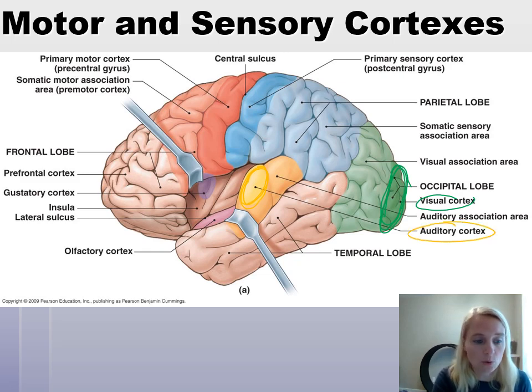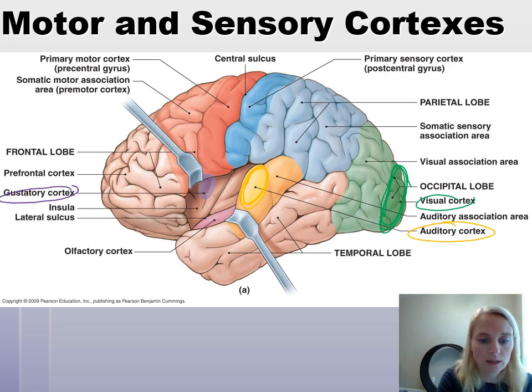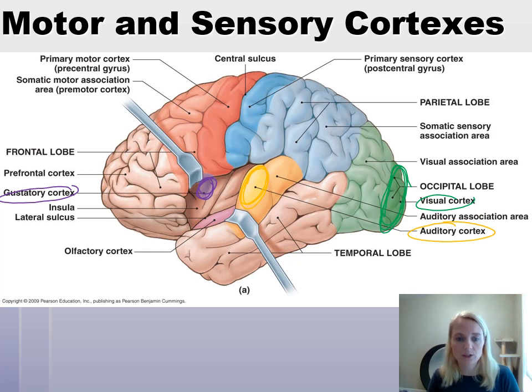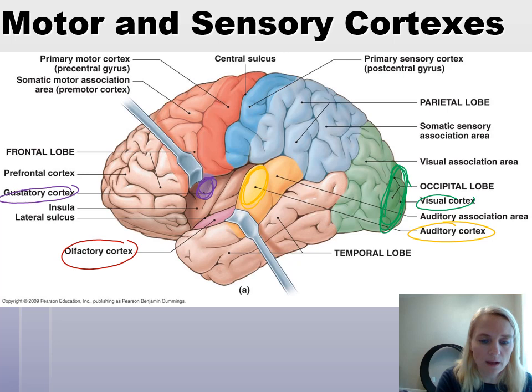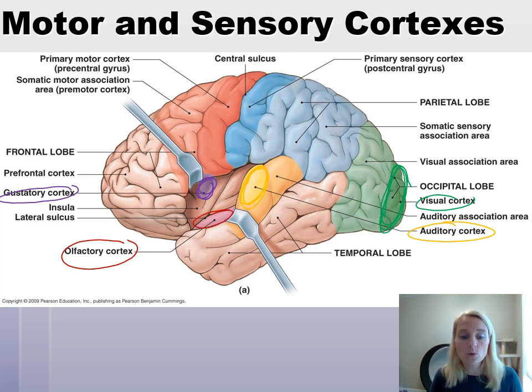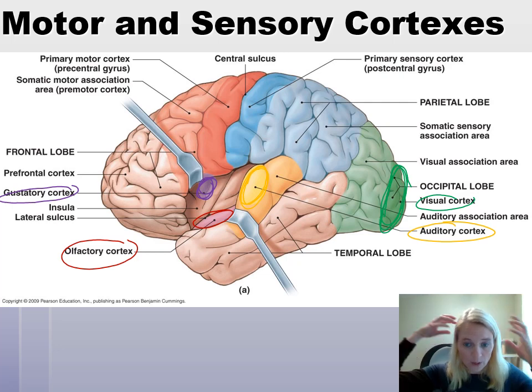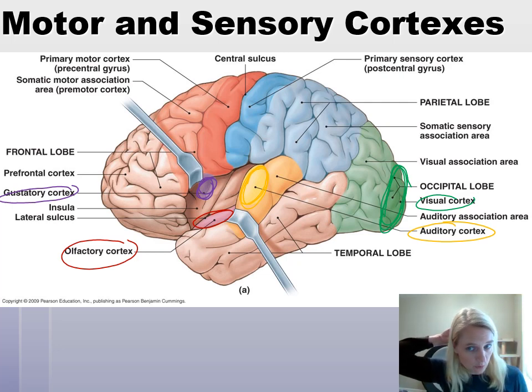We have gustatory, which is taste, on the temporal and what's called the insula, which is a little fold inside your temporal. And then olfactory, which is smell, is also on your temporal. So we have auditory, gustation, and olfactory all located on your temporal lobe. We have vision on your occipital lobe.